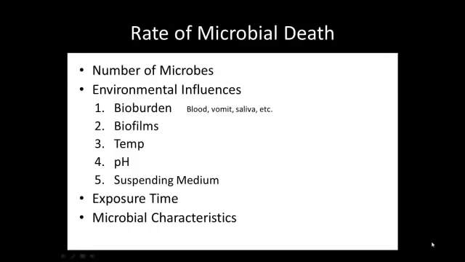Now at this point, if I may be allowed a little bit of reminiscence, I spent several years doing disinfectant testing and sterilizer testing, and we took all of these things into account, usually with temperature, pH, suspending medium. We would go with what the manufacturer recommendations were. But to add in bioburden, blood is the most convenient one, and it's the most common one out in a clinical environment.